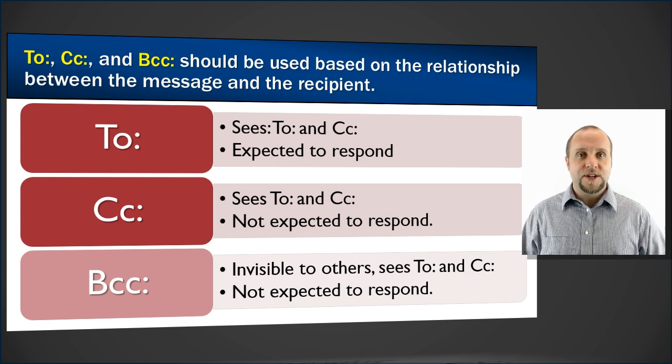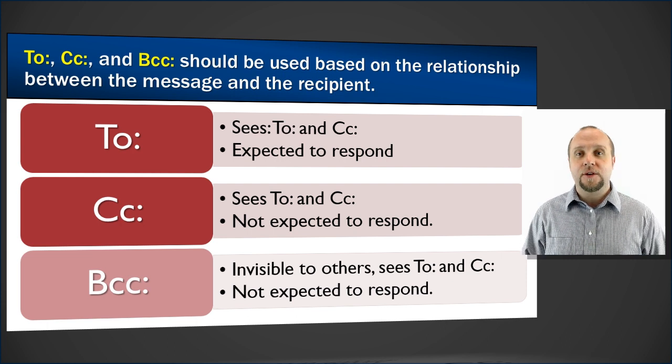To, CC, which used to stand for carbon copy, but in the electronic age is more commonly referred to as courtesy copy, and then BCC, which again used to stand for blind carbon copy, but today, since we're not using paper and carbon paper to make copies of messages, is more commonly referred to as blind courtesy copy, are the 3 options for adding your recipients to an email message.